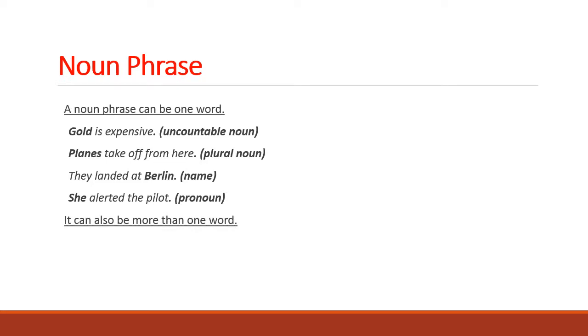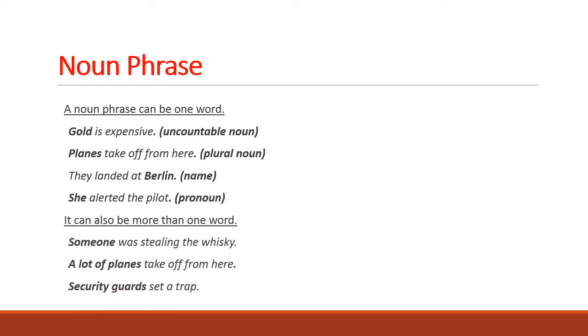But a noun phrase can also be more than one word. If you say someone was stealing the whiskey, a lot of planes take off from here, security guards set a trap. Here we find more than one word acting as a noun phrase.